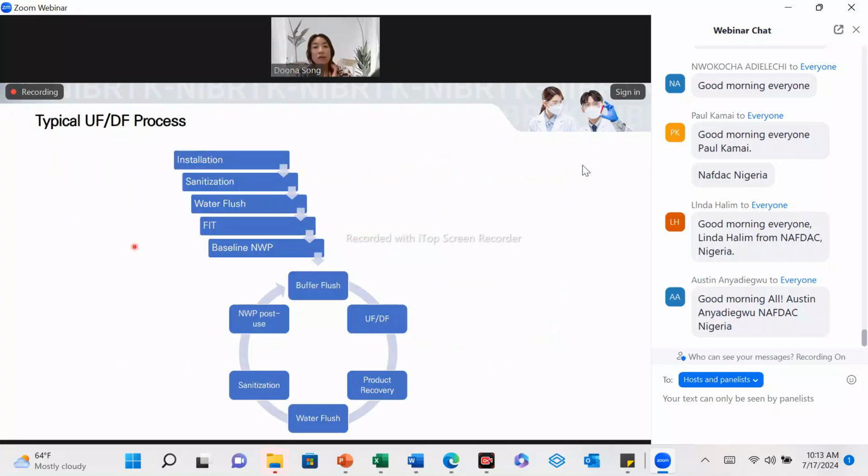After measuring post NWP, we flush it with buffer to prepare for the next use. But if the filters are not going to be reused right away, they can be stored for a long time.